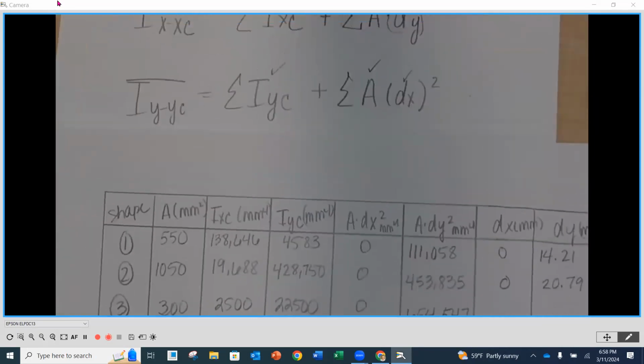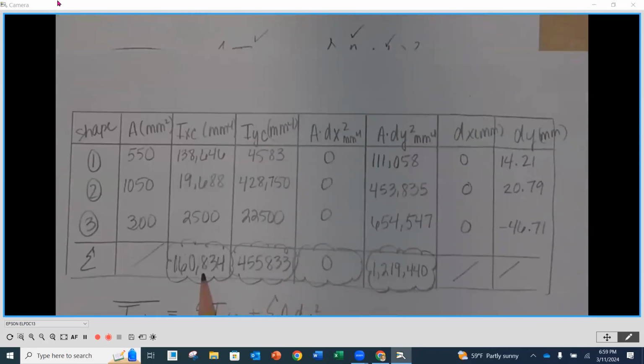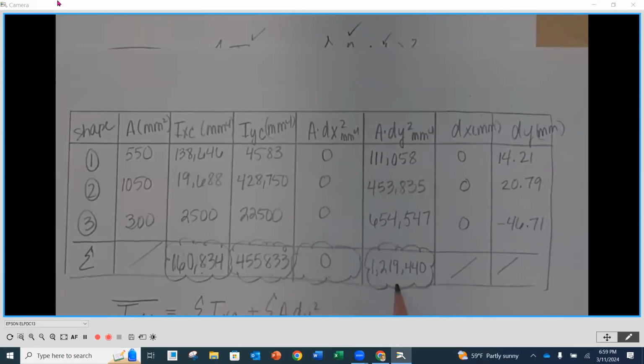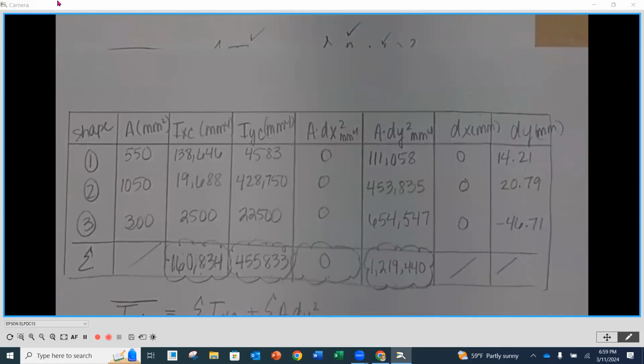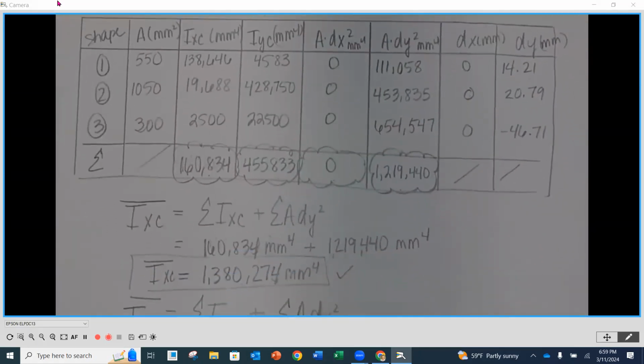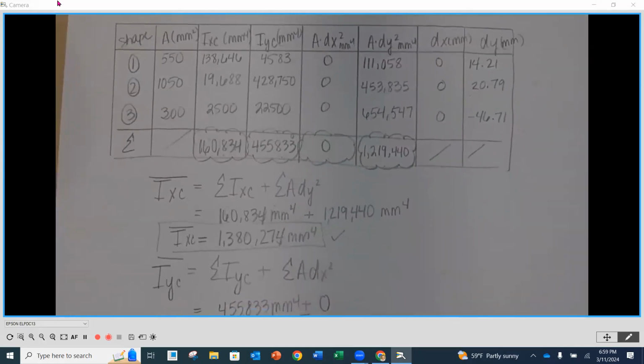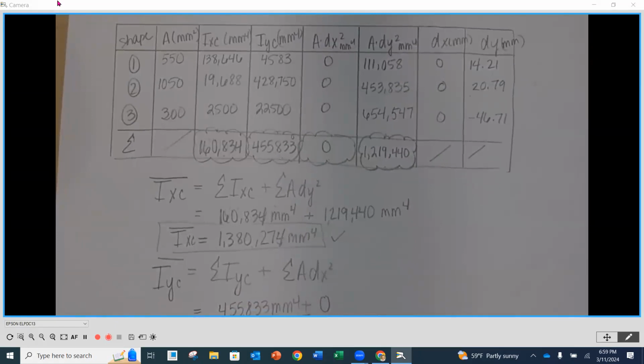So it's going to be the summation of the IXC, the summation of the IYC, the summation of the A times the DX squared, and the summation of the A times the DY squared. Once we have those, then you can plug in. I'm going to leave this up here so that you can go through, verify the values, and make sure you get the same answers, because the answers are correct.